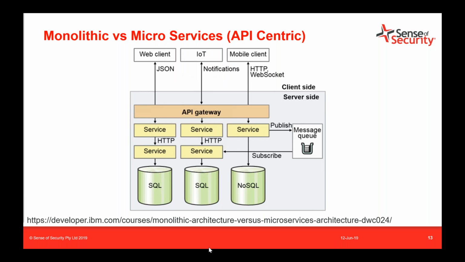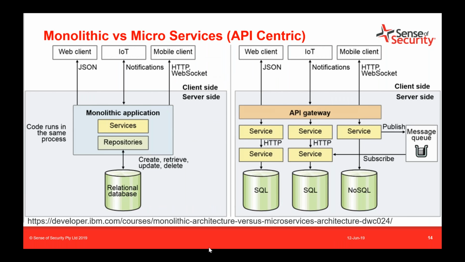And if we look at these things side by side, on the left-hand side, we will see that the key difference between the monolithic application and the microservices application is that the monolithic application has code that runs in the same process, whereas in the API-centric microservices, each particular function is delivered through a discrete process, and those are shown in the yellow boxes where the services are running as containerized applications or containerized services.